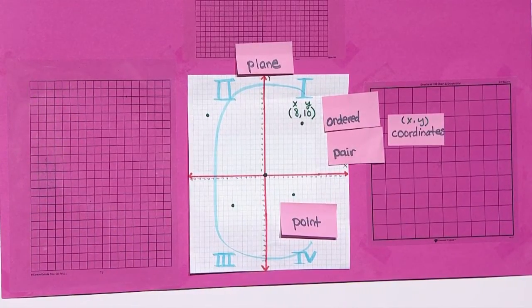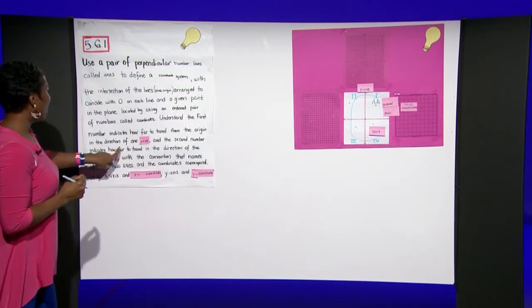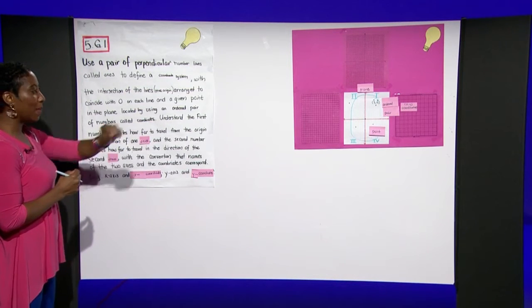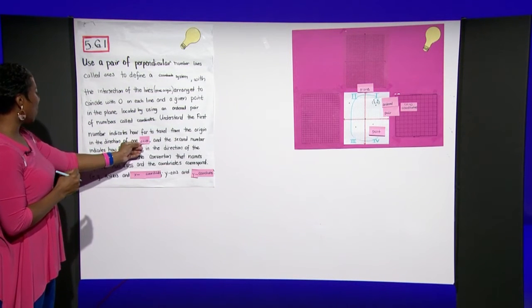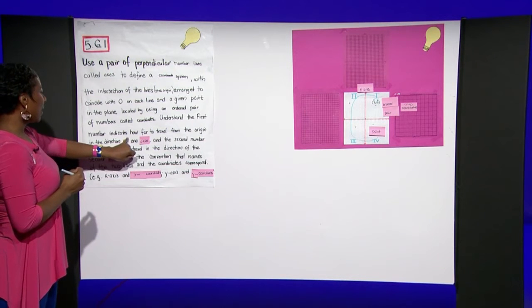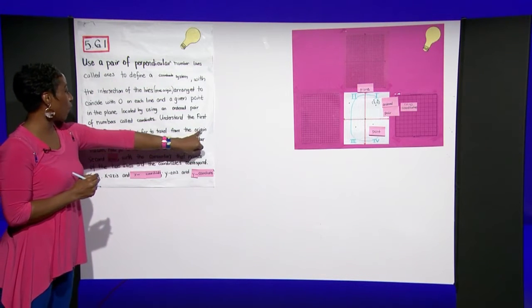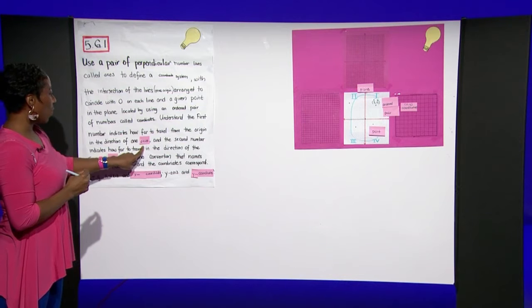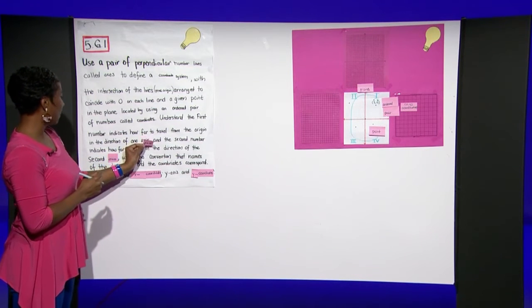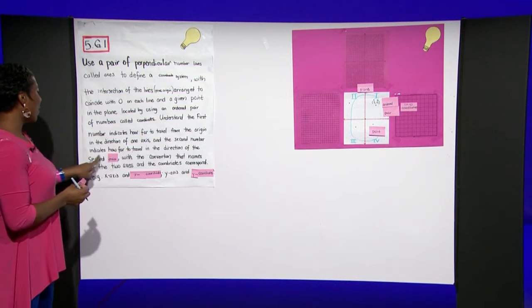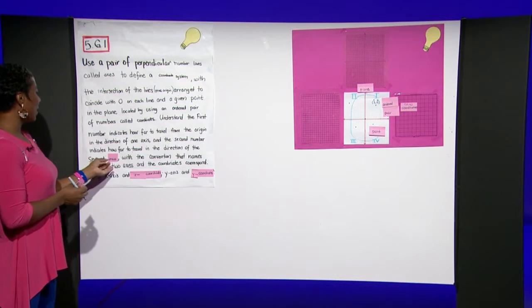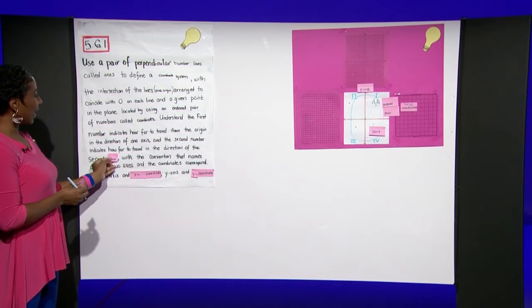Let's go back to our standard again, telling us how exactly to make sure that we're labeling all of our points correctly. Again, how far did you travel from the origin on one of your axes? And the second number indicates how far you traveled in the other direction on the second axis.